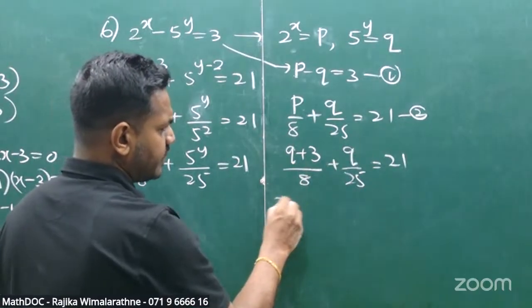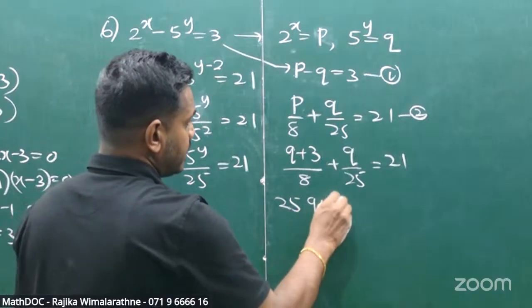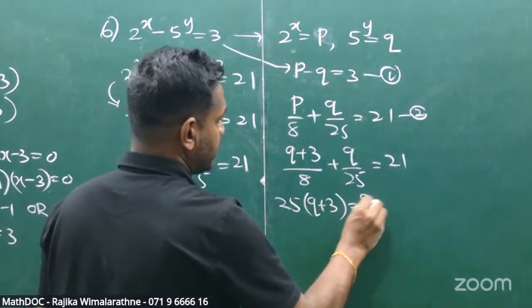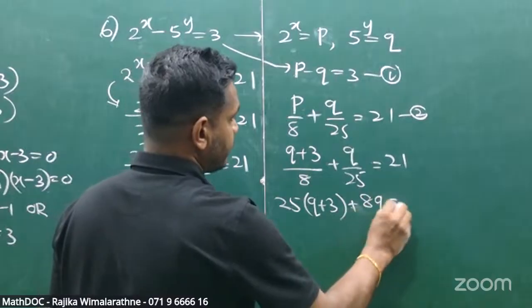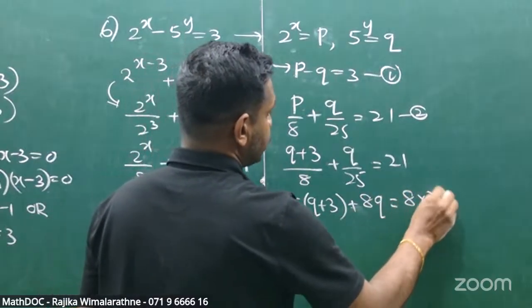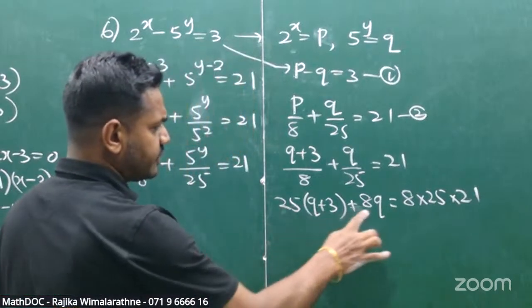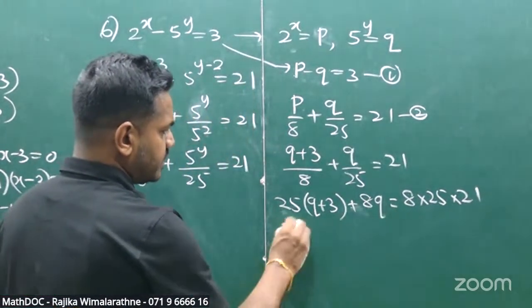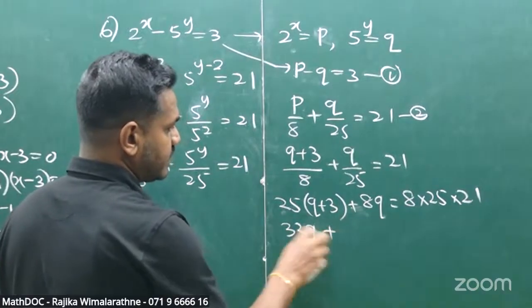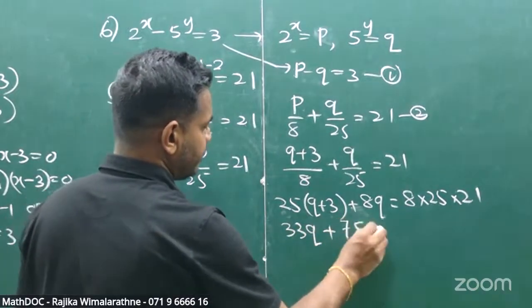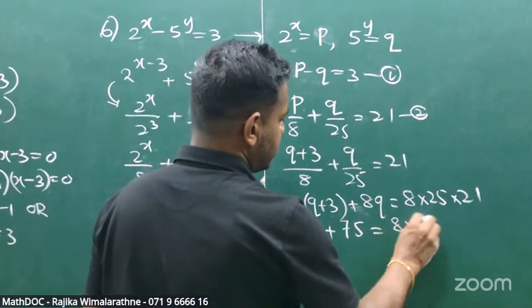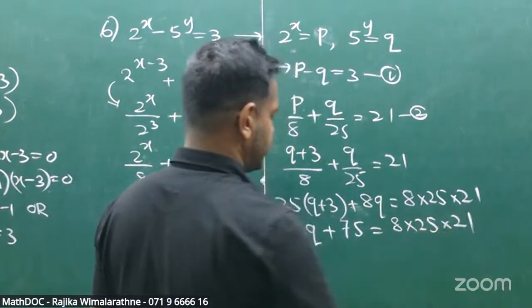Cross multiply: 25 times (q plus 3) minus 8q equals 8 times 25 times 21. Then 25q minus 8q is 17q, plus 75, equals 8 times 25 times 21.